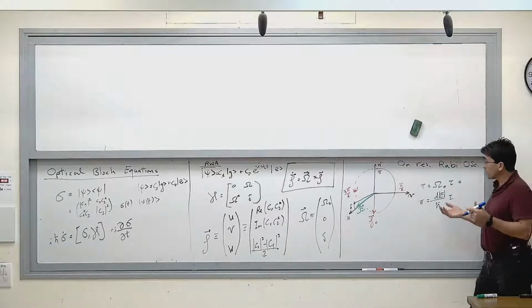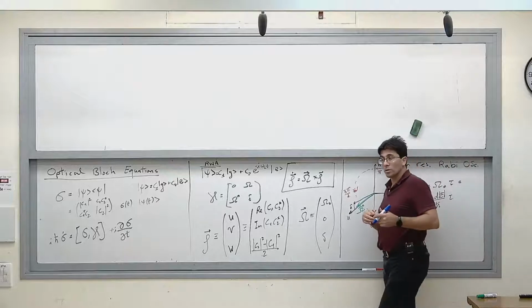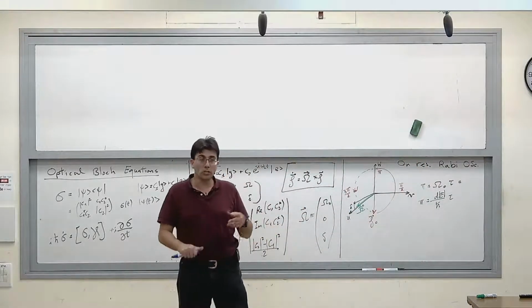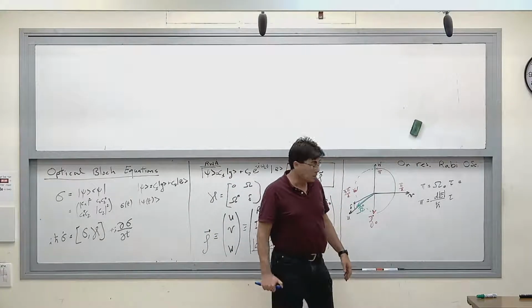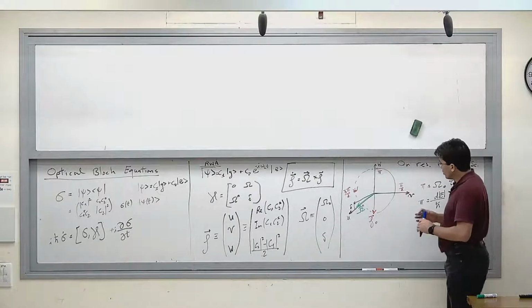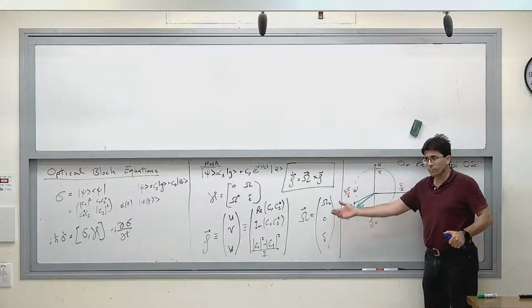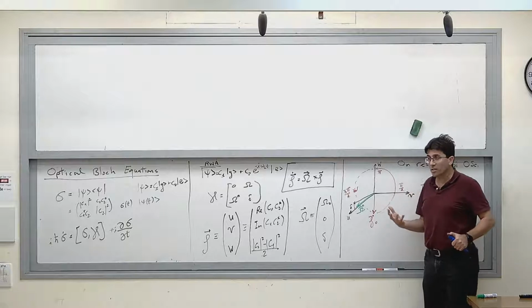Now that means that the nutation still happens, but it nutates in a plane which is not the VW plane. So we are moving on a sphere of radius 1 or half.